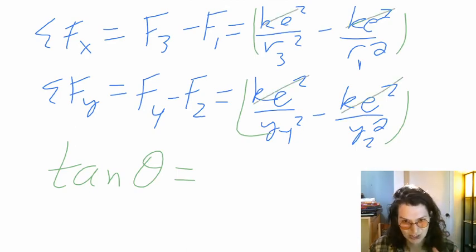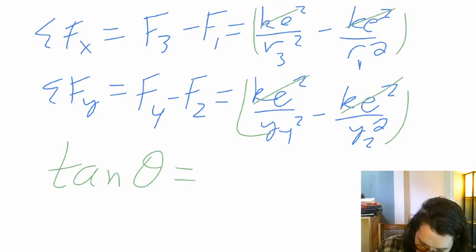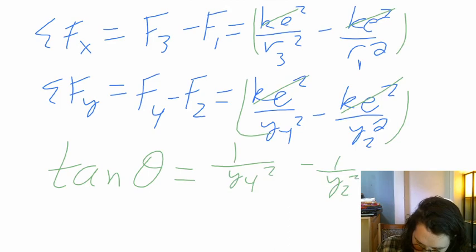So all that we're left with in the y is 1 over y4 squared minus 1 over y2 squared. And then on the bottom, we'll have 1 over r3 squared minus 1 over r1 squared.